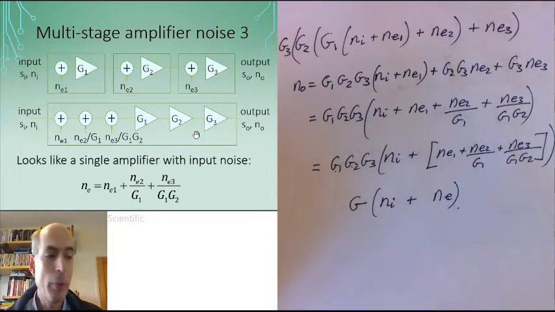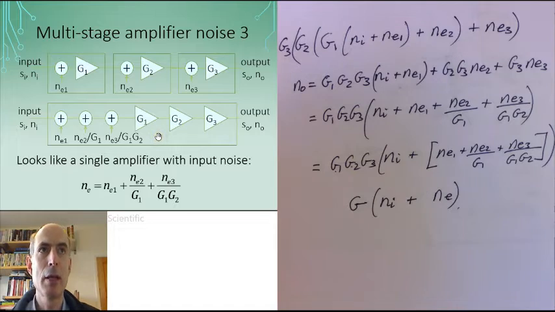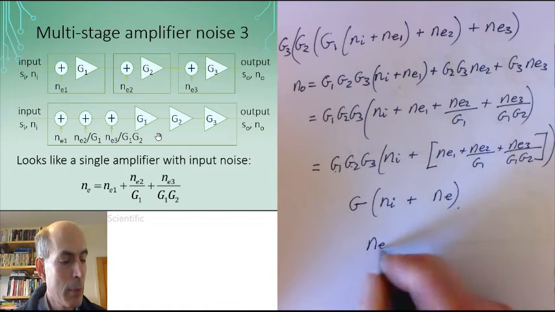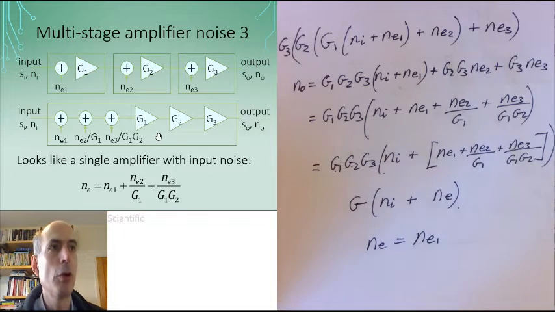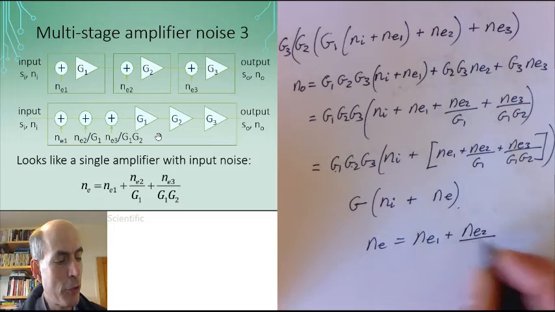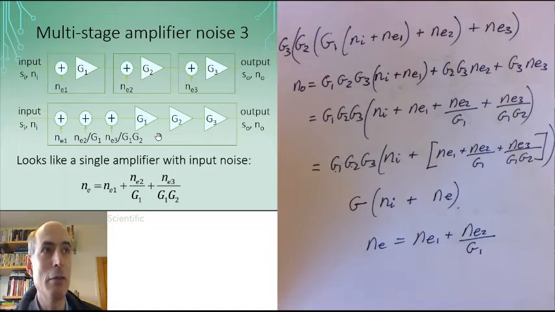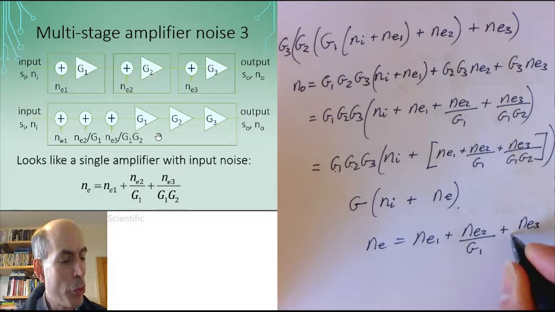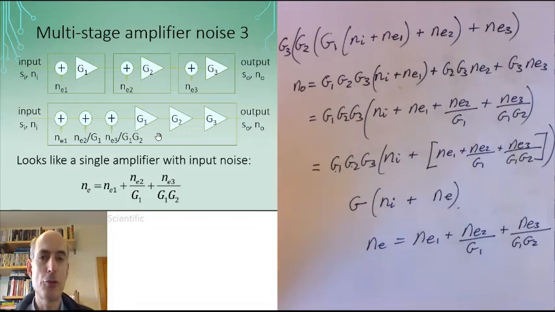Put that another way, this multi-stage amplifier has an equivalent input noise given by the equivalent input noise of the first stage, plus the equivalent input noise of the second stage divided by the gain of the first stage, plus the equivalent input noise of the third stage divided by the product of the gains of the first two stages.